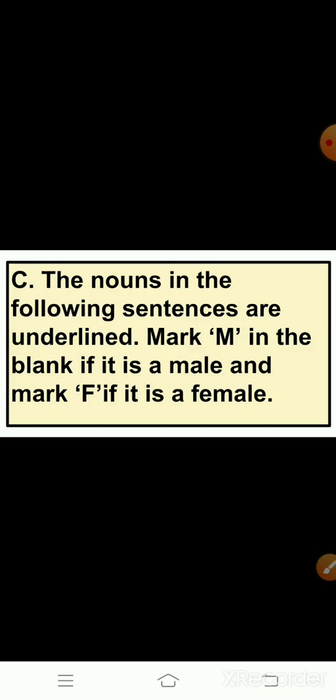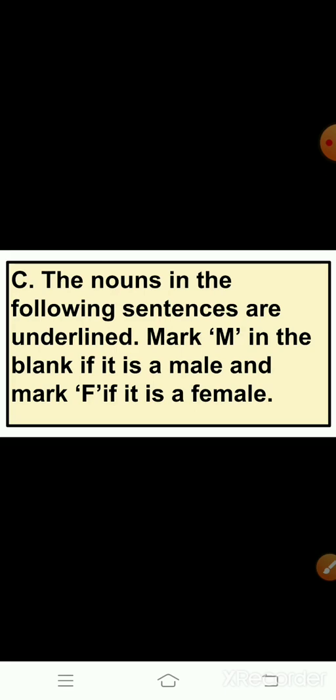A noun can be a male or a female, that we have learned. So a gender can be a male or a female. That means you have to write M or F in the blank.